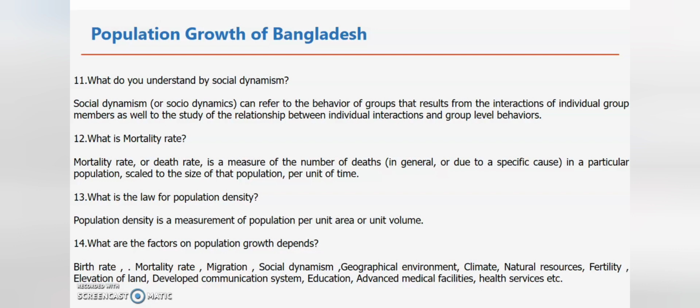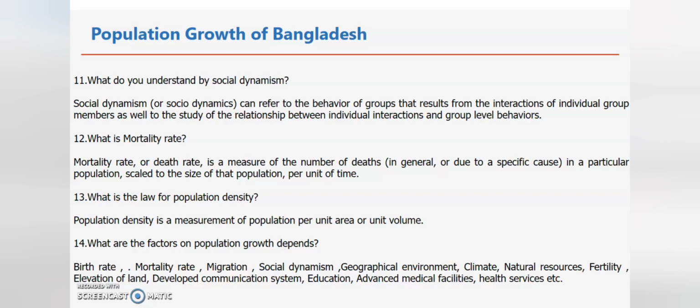What is the mortality rate? Yes, mortality rate or death rate is a measure of the number of deaths in a particular population scaled to the size of population per unit of time.